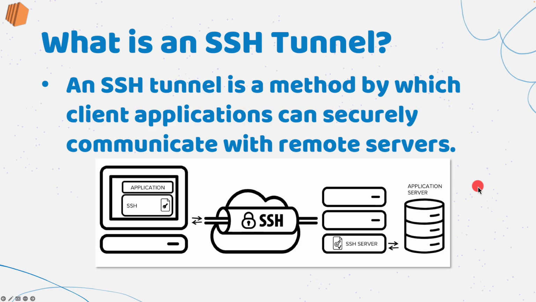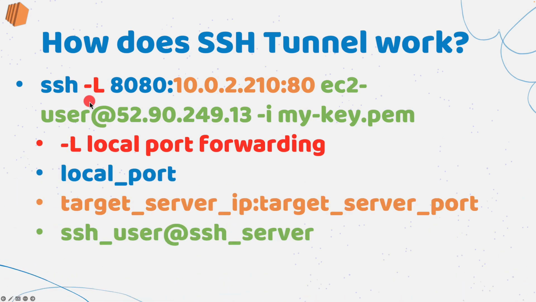Now we know what an SSH tunnel is. Let's explore how it works. We'll use the ssh -L command. In this command, capital L stands for local port forwarding. 8080 is a local port, that's a port on your machine. The destination IP is 10.0.2.210. The destination port is 80.